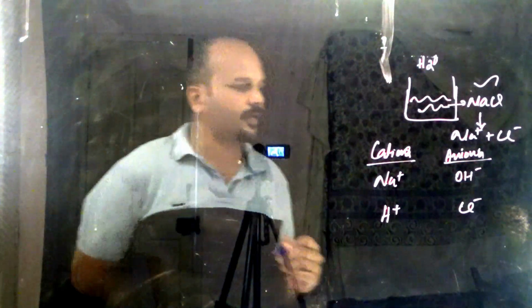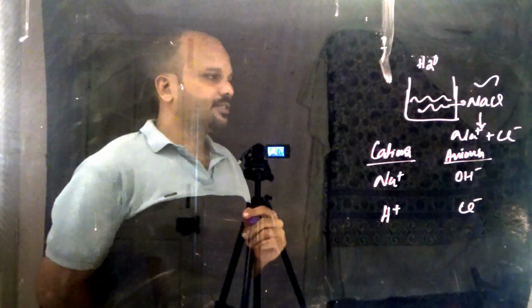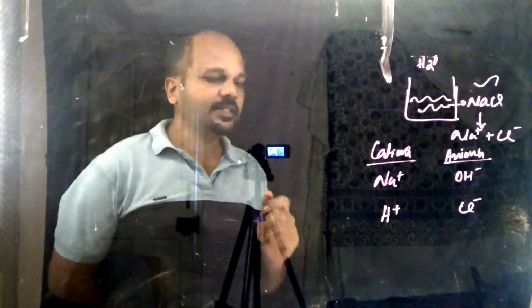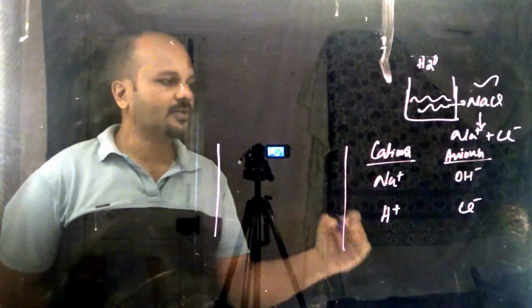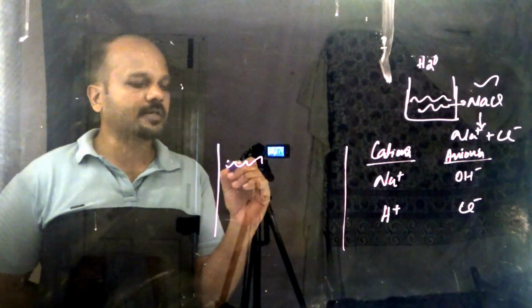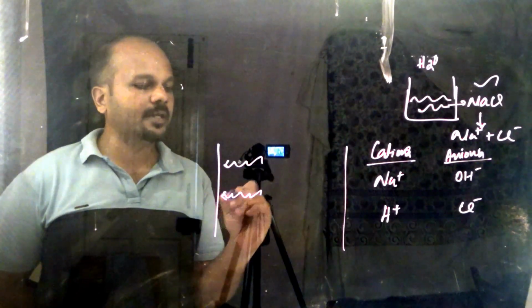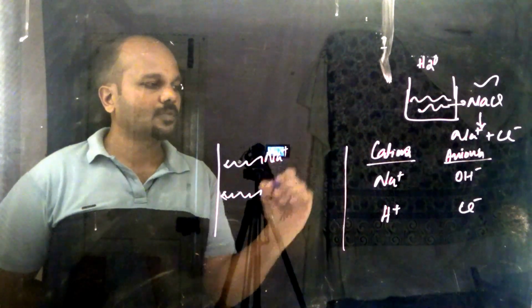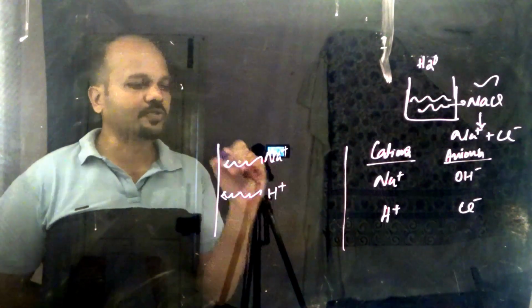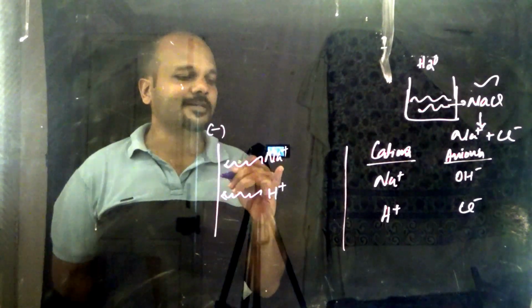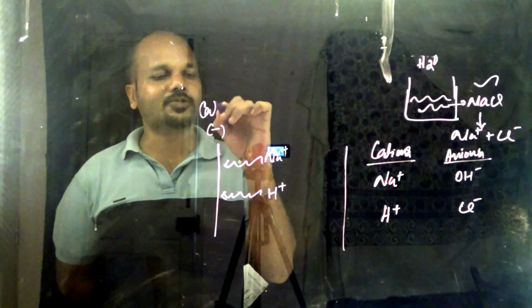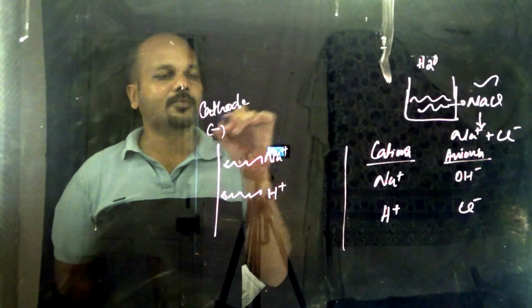When electrolysis is happening, like in the previous situation, Na+ ions and H+ ions will go to the negative electrode. The negative electrode is nothing but the cathode; cations go to the cathode.